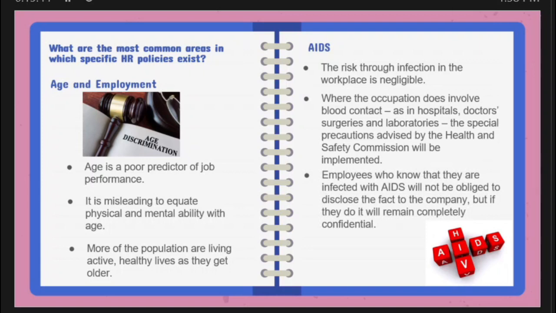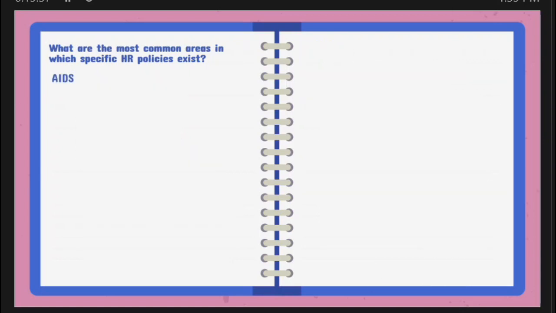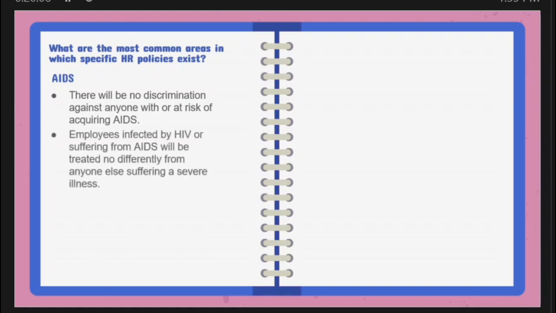Employees who know that they are infected with AIDS will not be obliged to disclose the fact to the company, but if they do, it will remain completely confidential. There will be no discrimination against anyone with or at risk of acquiring AIDS. Employees infected by HIV or suffering from AIDS will be treated no differently from anyone else suffering a severe illness.